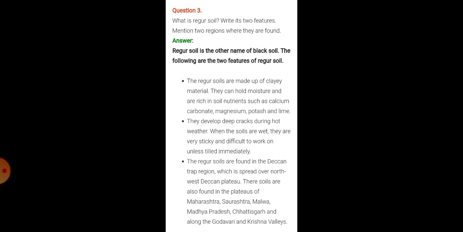The regur soils are found in the Deccan Trap region, which is spread over the northwest Deccan Plateau. These soils are also found in the plateaus of Maharashtra, Saurashtra, Malwa, Madhya Pradesh, Chhattisgarh and along the Godavari and Krishna Valley.